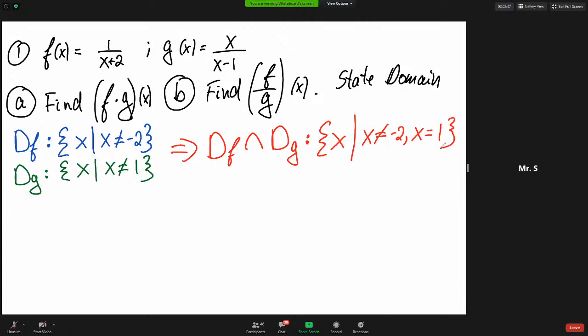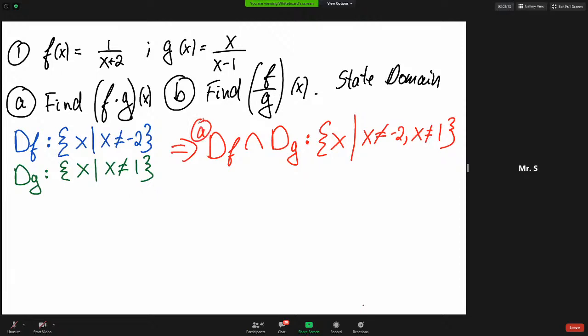That's the intersection of these two domains. We have to consider what's in both domains. So if -2 is in one domain but not the other, we have to exclude it. Therefore, from the intersection, we have to exclude both of those values. I forgot to cross this one out. So that will be the domain for part A.